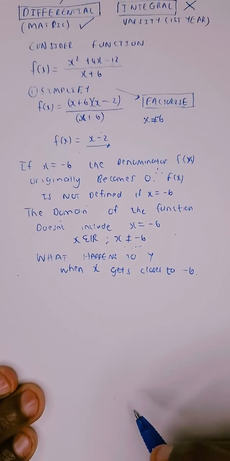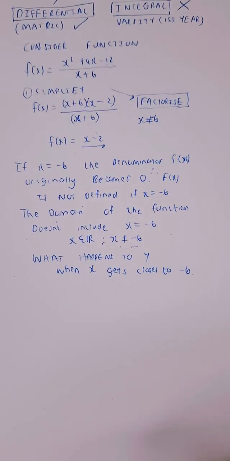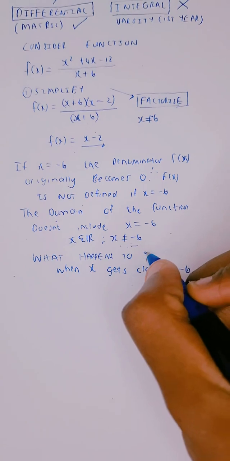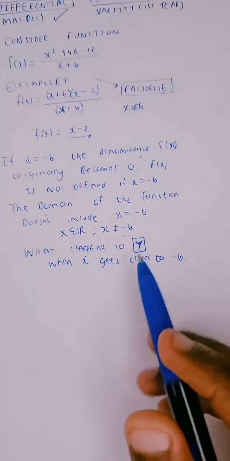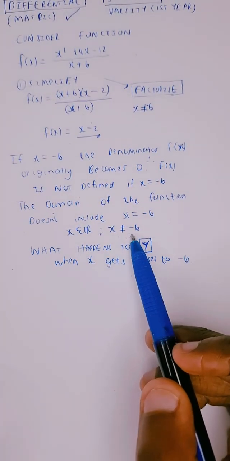We know that when x is equal to negative 6, the function is not defined. But our question is, what are the values of y, in other words, for the function, as x gets nearer and nearer to negative 6?